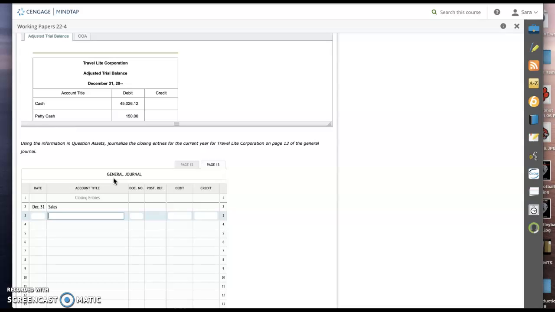Next we'll have purchases discount. Next, purchases, returns, and allowances. Interest income.